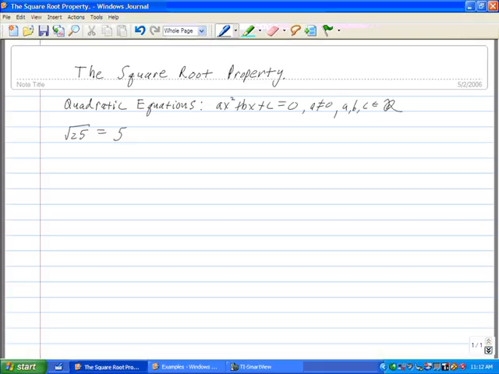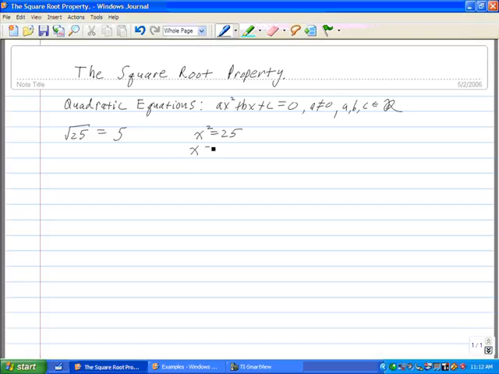This leads people to believe that a number only has one square root. But if you write an equation in the form x squared equals 25 instead of just writing square root of 25, then what you're asking is, what do I square to get 25 for an answer?